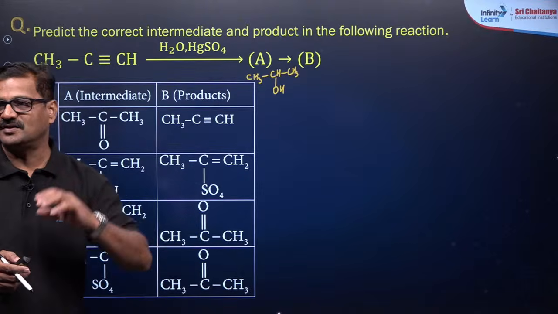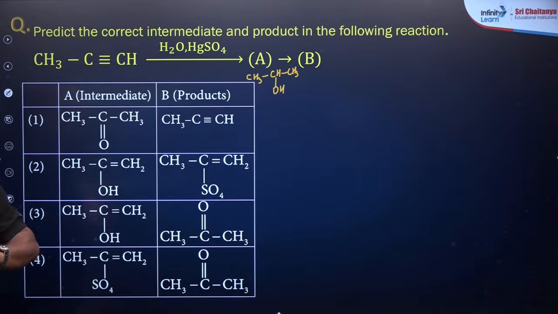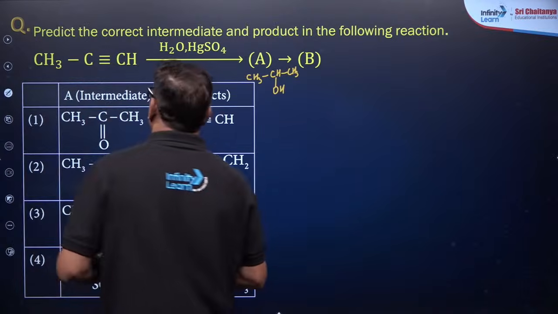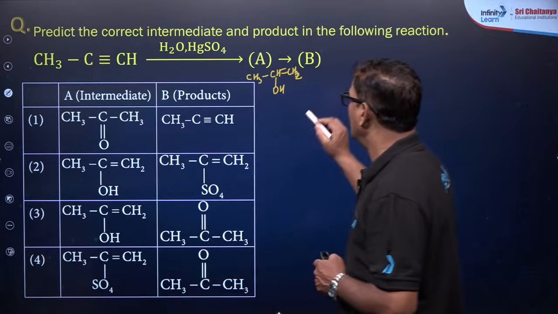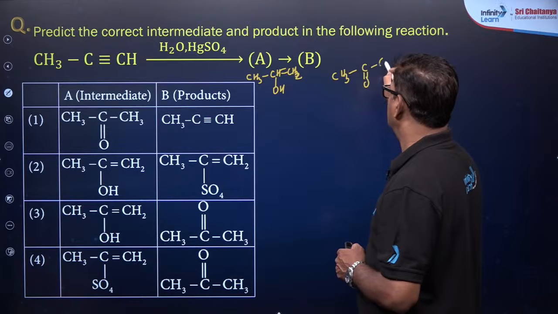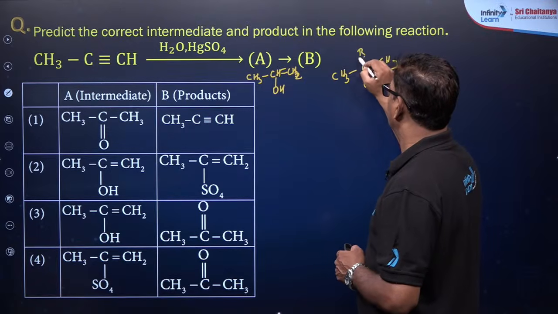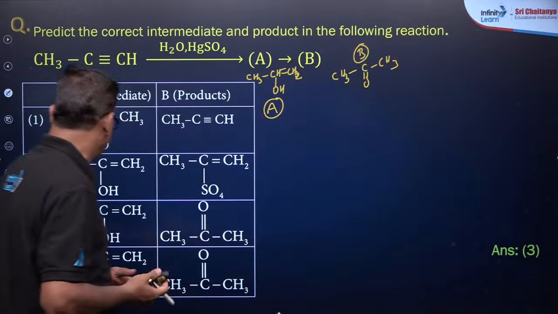In this hydration of alkyne, mercuric sulfate acts as a catalyst, and it is going to be CH2, which tautomerizes to give CH3, C double bond O, CH3. So this is going to be B, this is going to be A. Got it? The answer for this question is going to be 3.